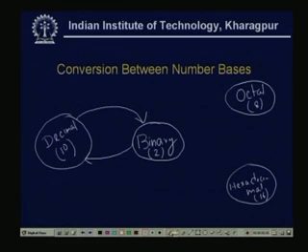Now, similarly for octal, binary to octal is possible and octal to binary is possible. Similarly, binary to hexadecimal is possible, and hexadecimal to binary is possible. And again we will see that conversion from decimal to octal or decimal to hexadecimal is also possible.